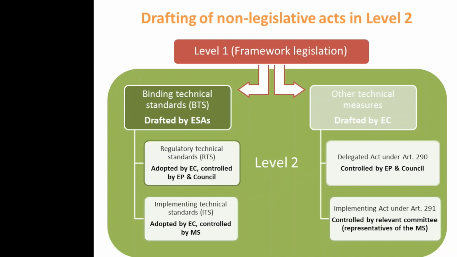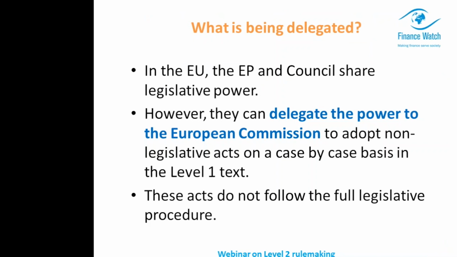Well, it's a good question, because this is actually very vague. There are some guidelines on when the delegated act and when the implementing act should be used. For example, the Commission, the Council and Parliament can delegate the power to the Commission in the framework legislation if they only regulate a certain field partially.